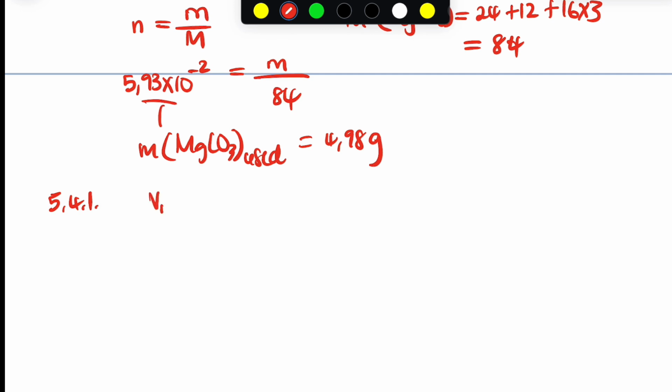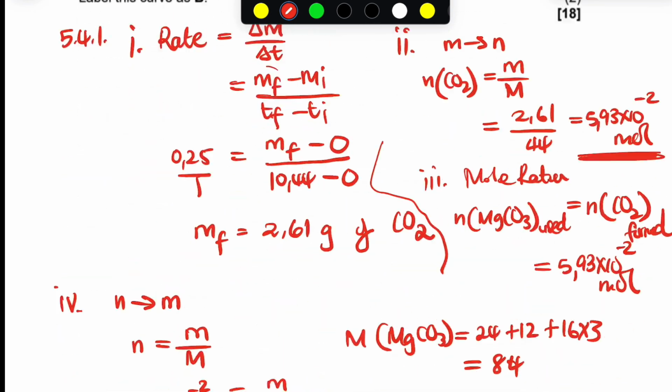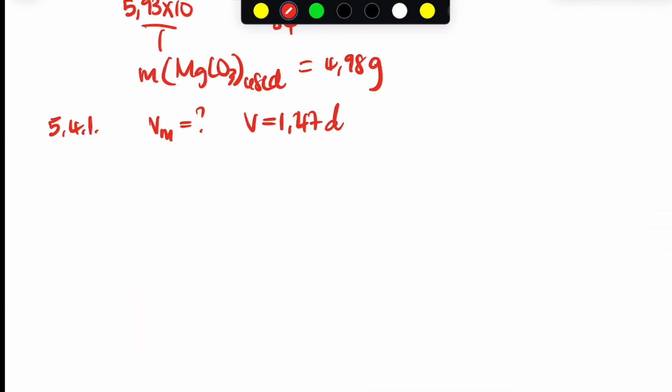So we are looking for Vm. We have the V, which is 1.47 dm3, and then we have the number of moles of carbon dioxide, which is 5.93 times 10 to the power negative 2 mole, right?